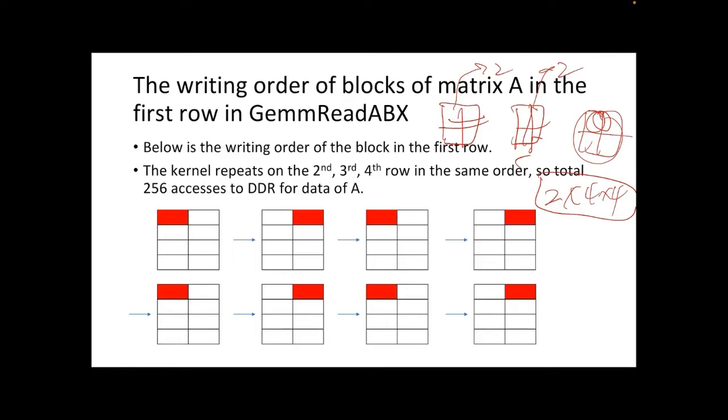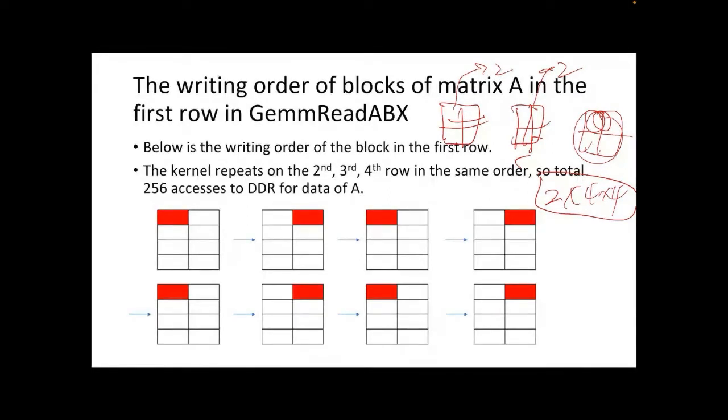For the library function, the block is not saved in the measurement. That's my question. Why are there so many DDR accesses? It's not efficient. The block is not saved.